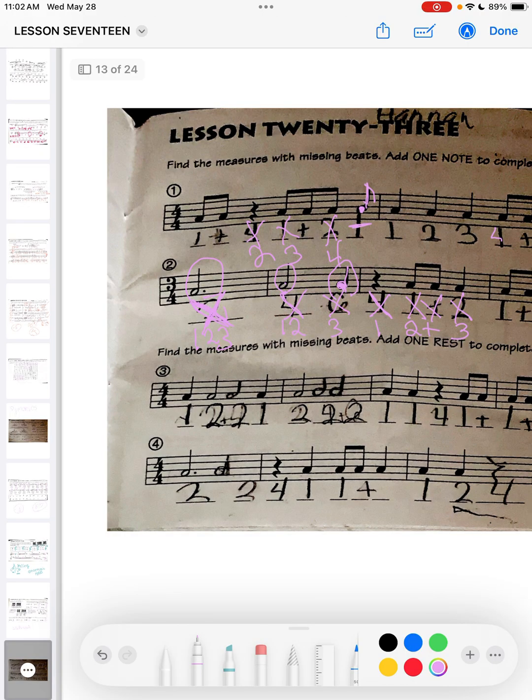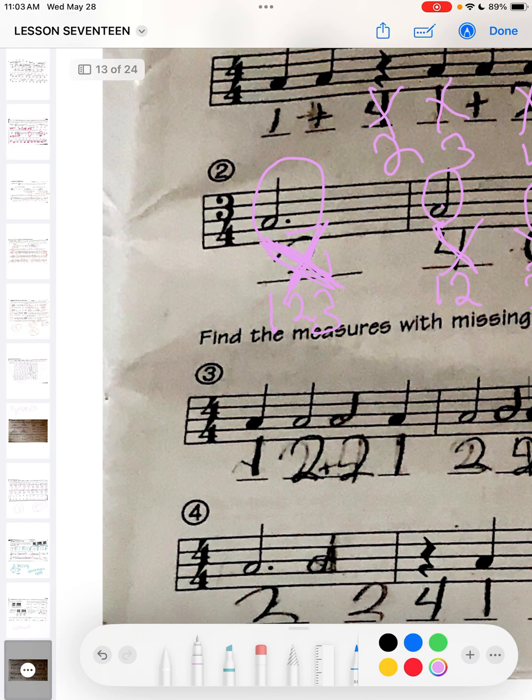Okay, find the measures missing a beat. Add 1 rest to complete it. Okay, it says add a rest. I said no, because 1 plus 2 is 3 plus 2 is... Okay, you added an extra note there, no offense.